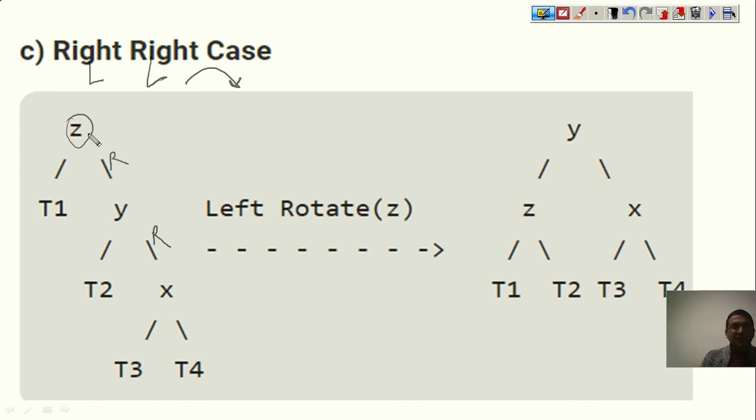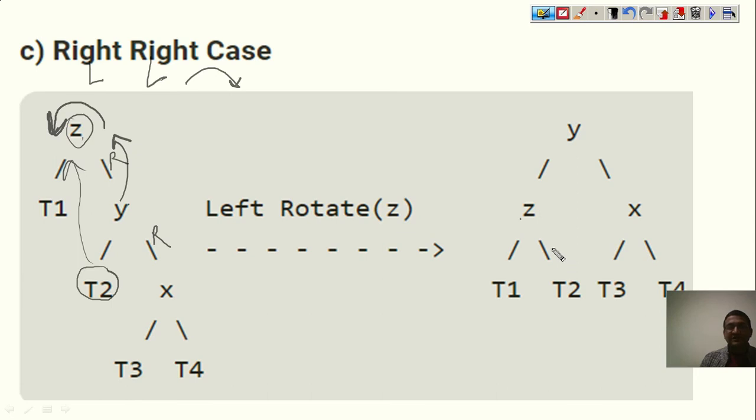With the left rotation, this will go up, and this becomes the child of this, and the left child of this becomes the right child of this. So here you can see this Z goes down, and the left child of Y becomes the right child of Z, and our tree is balanced.